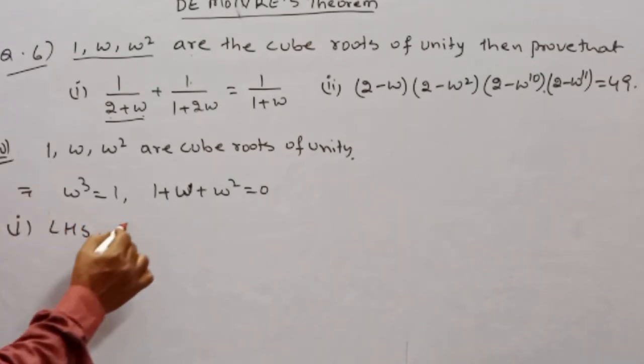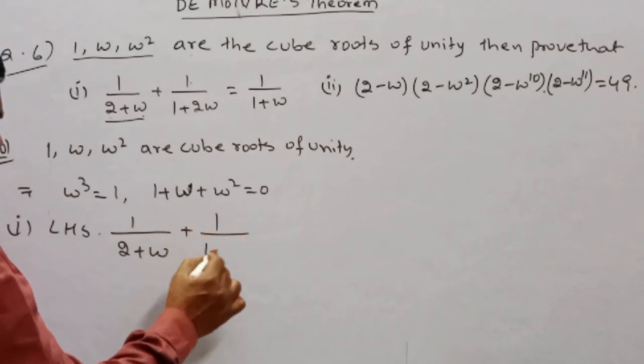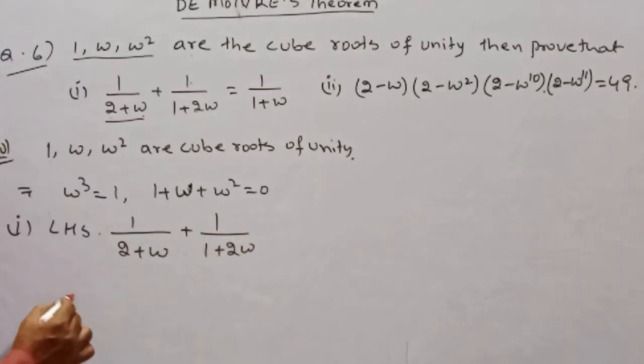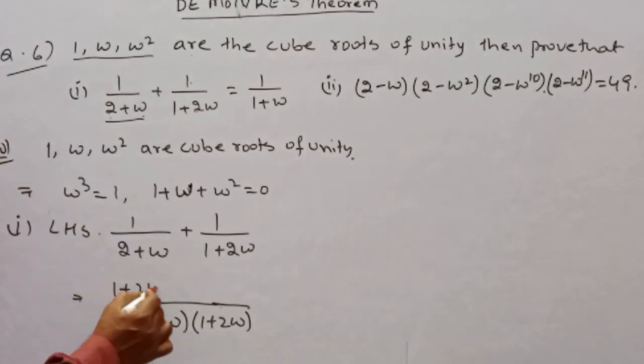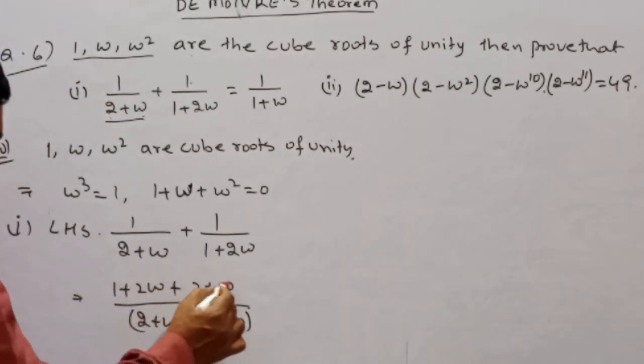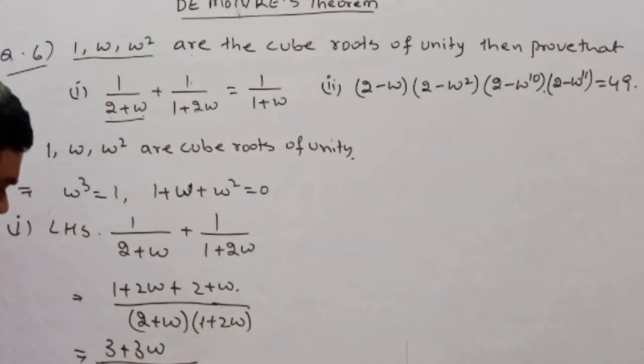LHS: 1 by (2 plus omega) plus 1 by (1 plus 2 omega). So you take the LCM: (2 plus omega) into (1 plus 2 omega). What is the numerator? 1 plus 2 omega plus 2 plus omega, so here 3 plus 3 omega. The denominator is 2 plus 4 omega plus omega plus 2 omega square.